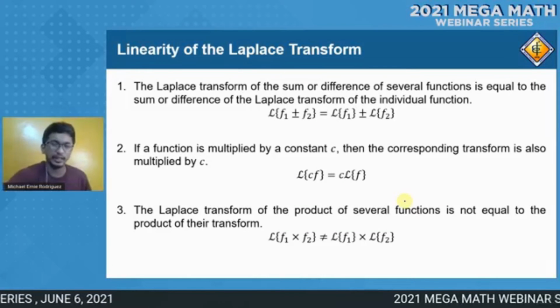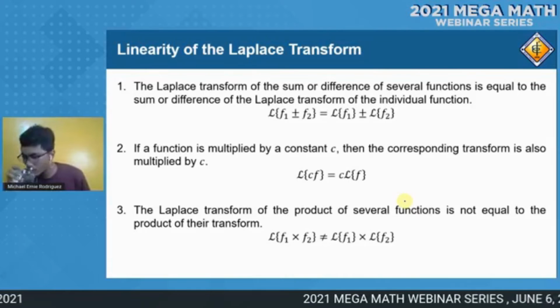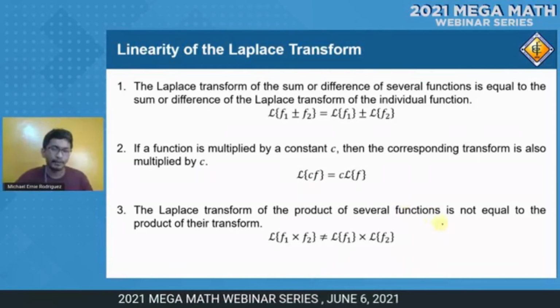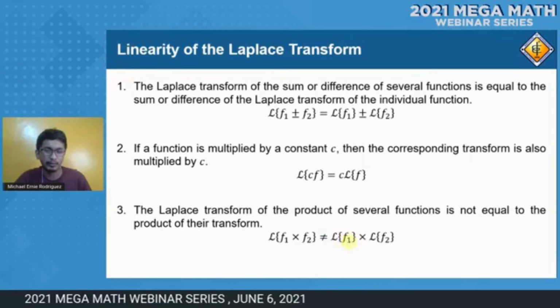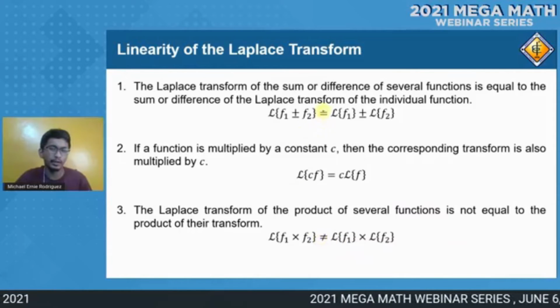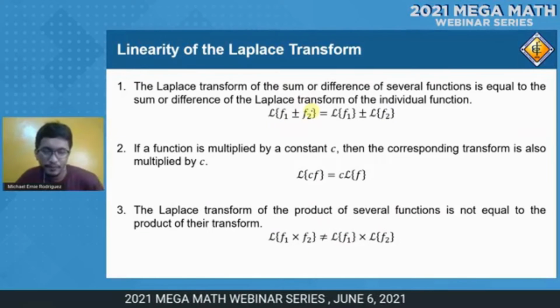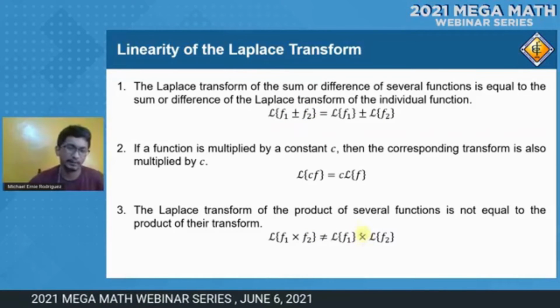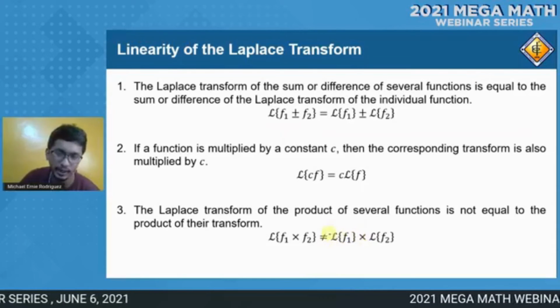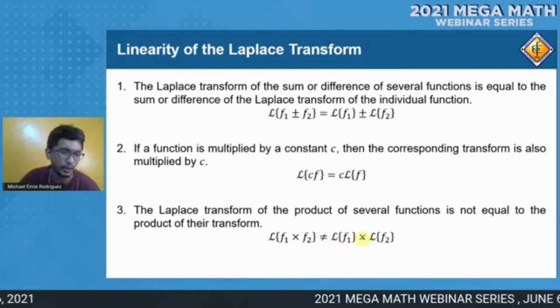Ang ginagawa ng estudyante is pinaghihiwalay pa rin. So, we have Laplace transform of f1 times Laplace transform of f2. So, hindi ito equal, ha? We apply only yung pinaghihiwalay natin kapag plus or minus. So, hindi pwede pag multiplication. Ito yung kadalasan nagiging mali ng students natin. Hindi yan equal kapag multiplication.